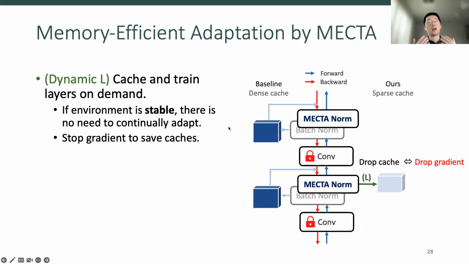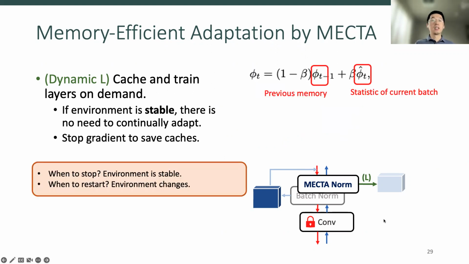Say the model has already entered a constant environment, for example, a rainy day, then we may not need to continue updating the parameters. So a good idea is to stop the gradients or drop the cache to save memory, because we don't need to update some stable layers.